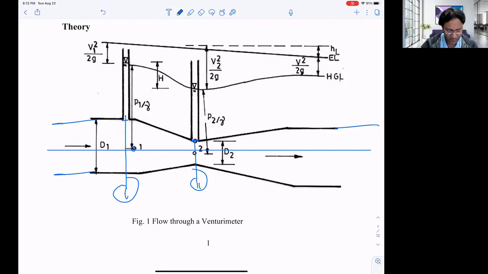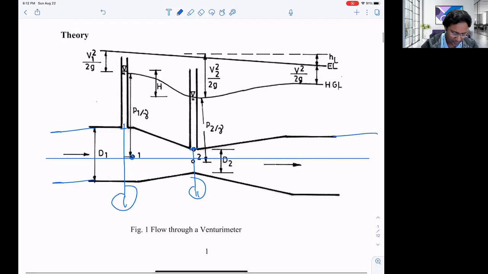If I try to write the Bernoulli's equation, before that, if we consider that piezometer, water is here. This is P1 by gamma. And if we add the velocity head, considering velocity is V1 here, then we are getting the total energy, right?